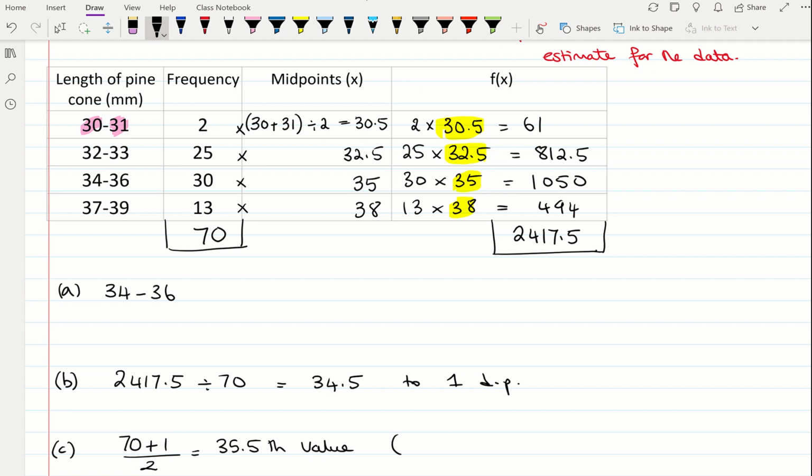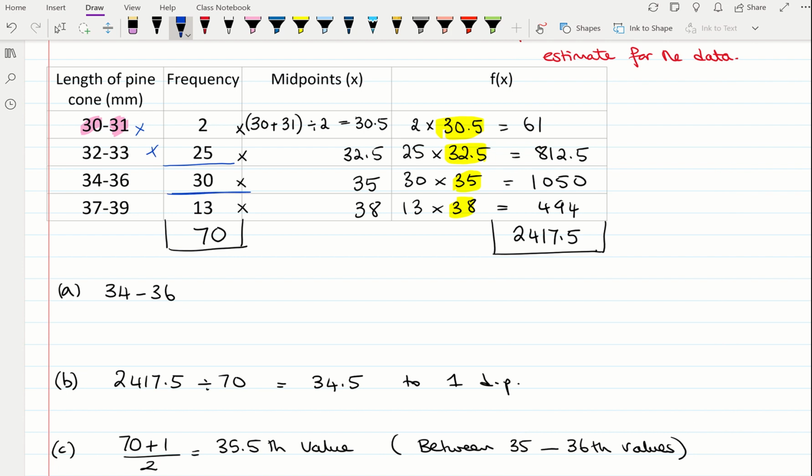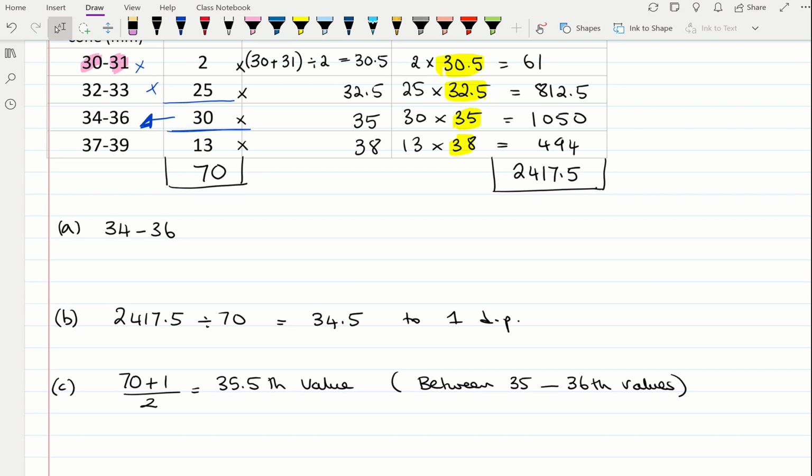Basically, it's going to be between the 35th and the 36th values. So let's have a look with our calculator. It's not going to be there, because there's only 2 values here. Plus 25 gives us 27, so it's not going to be there either. Plus 30 is 57, so up to here we don't want, up to there we've bypassed it. So that's the group where the median lies.